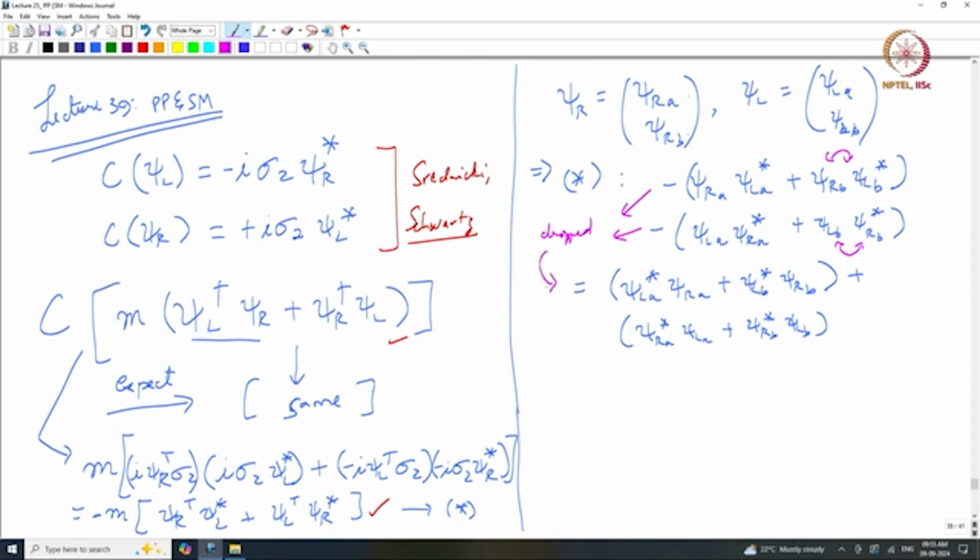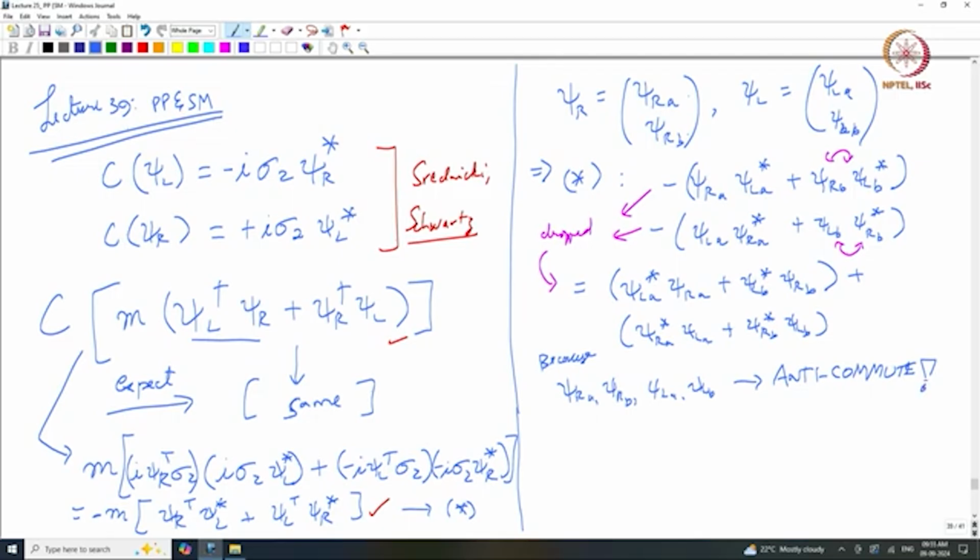Why did that happen? That is because these numbers, psi R A, psi R B, psi L A, psi L B, all these numbers actually do not commute, they actually anti-commute.